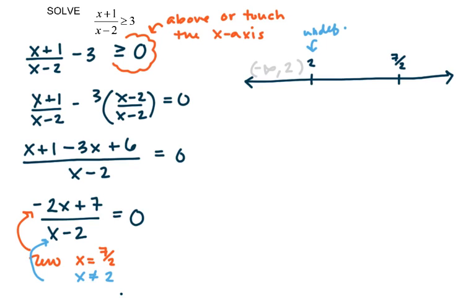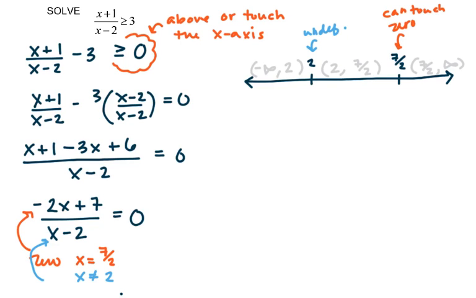My next interval would be 2 to 7/2, and then my last interval, 7/2 to infinity. And because this is a 0, we can touch it, so we might use a square bracket here when we start writing our solution set.